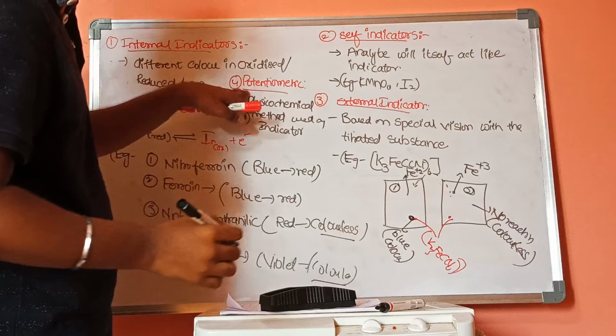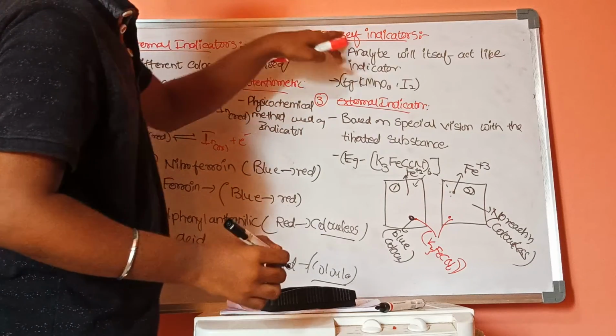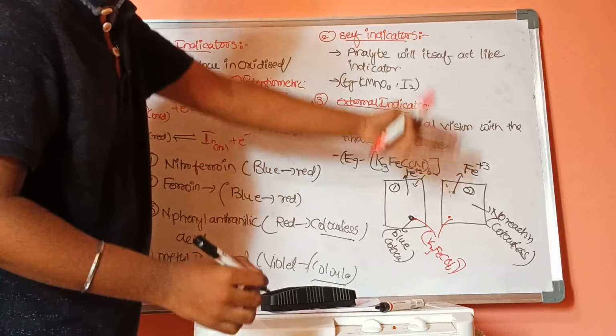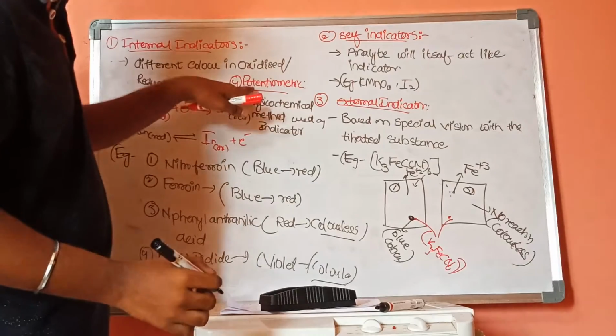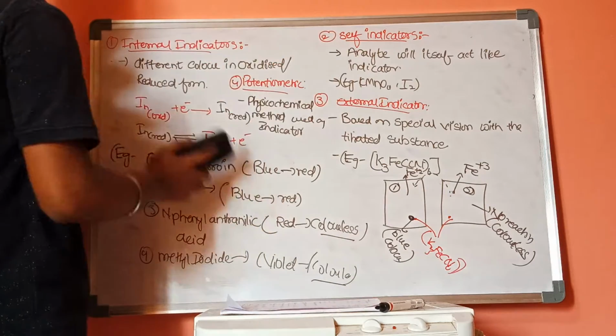These potentiometric indicators are used when the internal indicators, self indicators or external indicators are not available or not suitable for any of the reactions. In that case, potentiometric indicators are used. This is about the indicators.